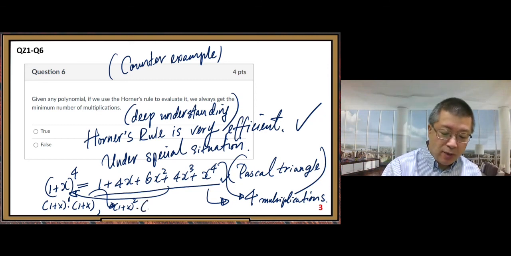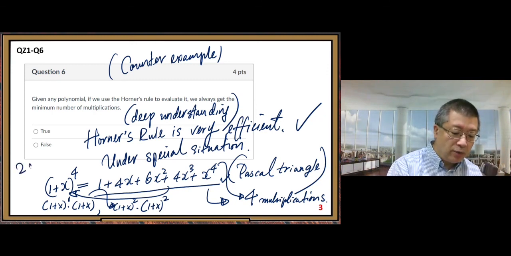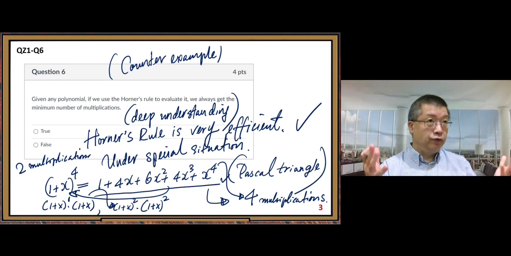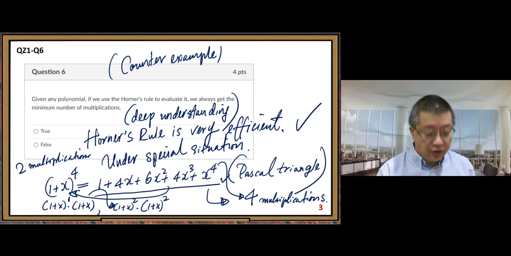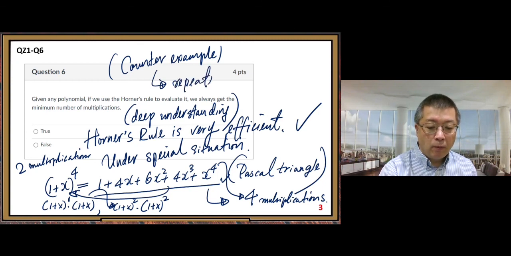You just multiply it by itself, so 2 multiplications. That means for this one, we only need 2 multiplications. Better than Horner's rule, from 4 to 2. The reason is we take advantage of the special structure. Here we use the repeated squaring technique.